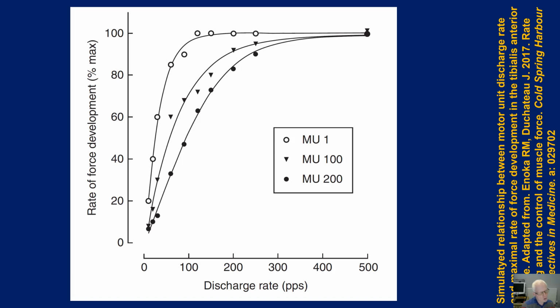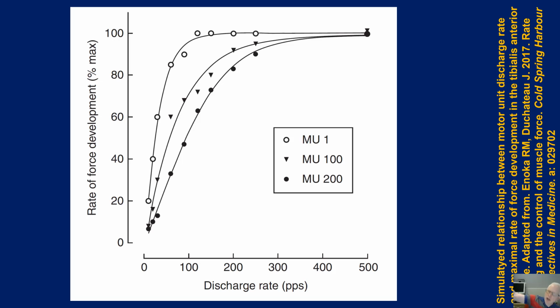And this is really important because it's not just about how many motor units we recruit, which is Henneman's size principle, but also about how quickly we can keep recruiting those fibres. So you have recruitment, that's Henneman's size principle, but also rate coding, which we're about to explain in a bit more detail.